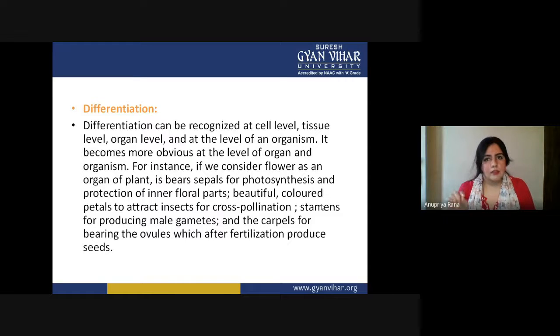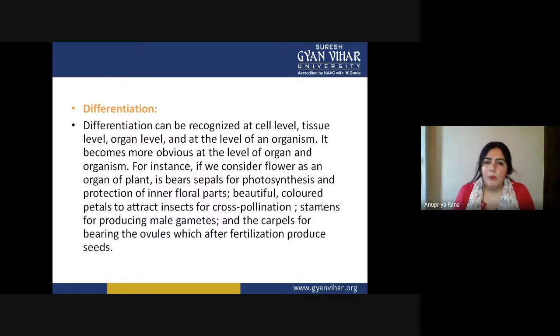Now the second unit looks completely different and does completely different work. Their function is different, their color is different. How can this happen if they are present in the same plant and developing from the same growth rate? And the third thing, the stamens, produce male gametes, and the carpel produces the ovule, the female gamete, and after fertilization makes seed from it.